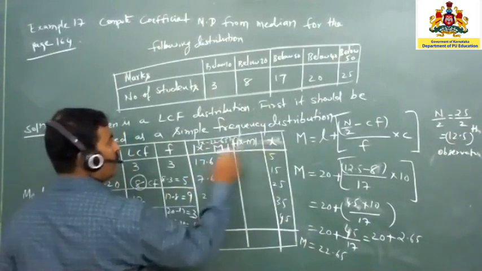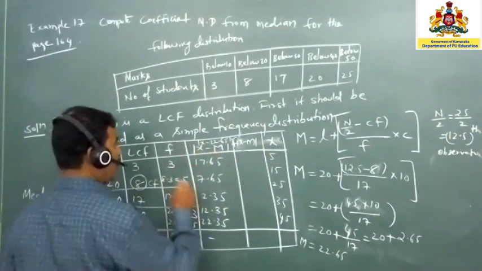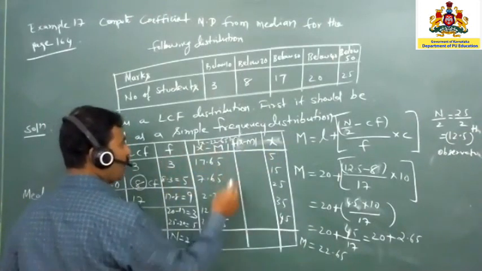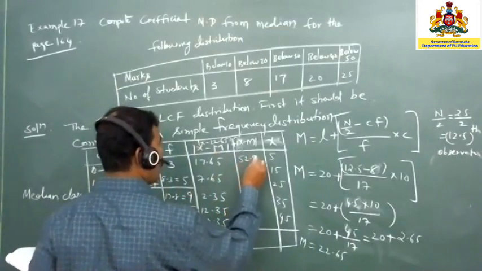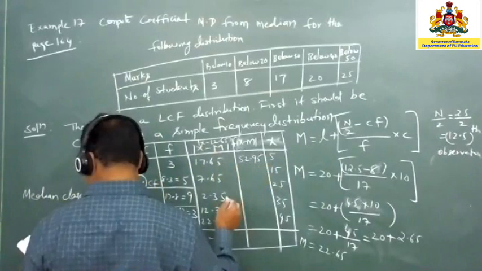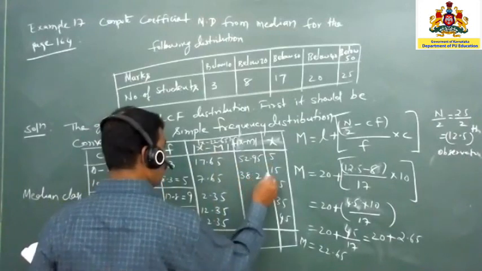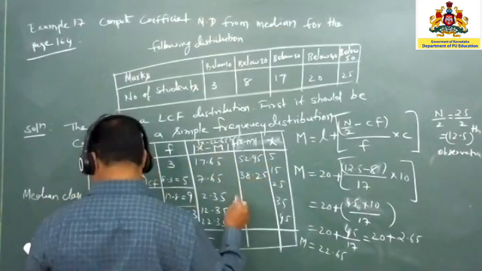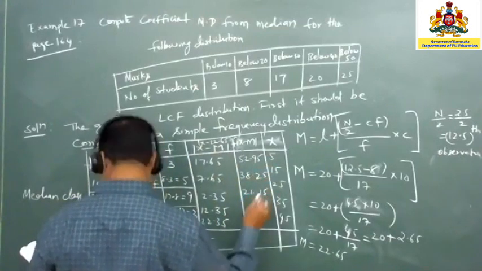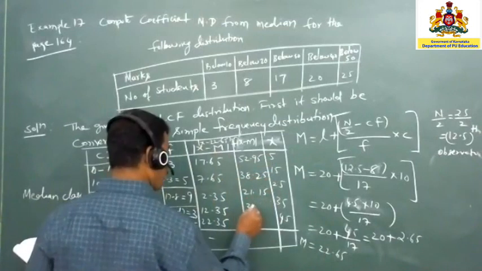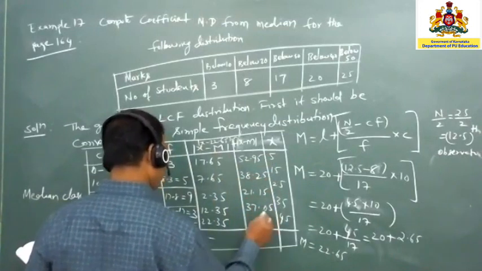Then f into modulus of x minus median. So 17.65 into 3, the values are 52.95, 38.25, 21.15, 37.05.